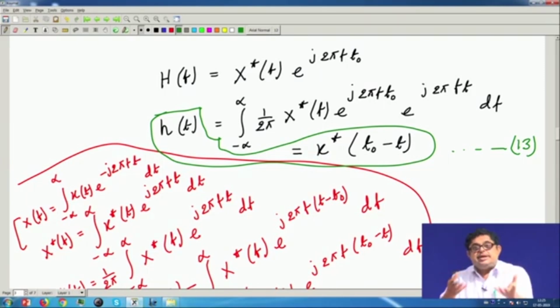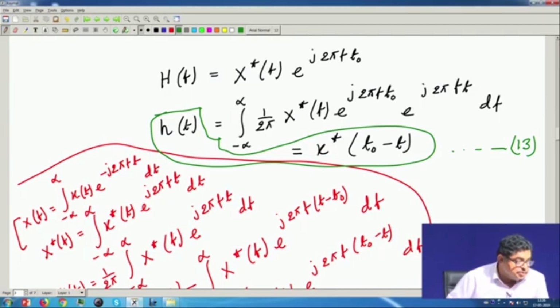That means you will have to change the implementation of the filter. So, that is why it is called a match filter. Equation 13 now clearly says that it is a match filter, provided it has this expression, provided you assume white Gaussian noise. Gaussian is not important, but white noise, that means for a flat spectrum it is this match filter.